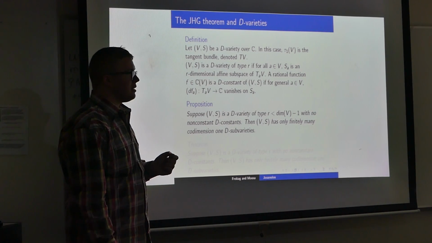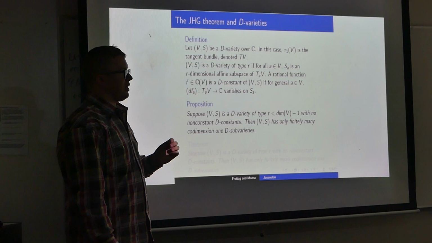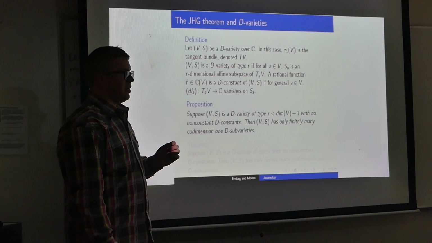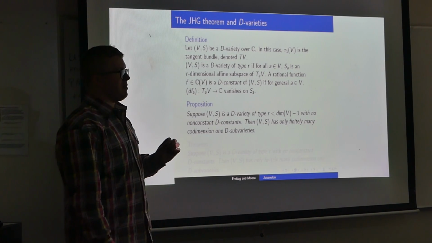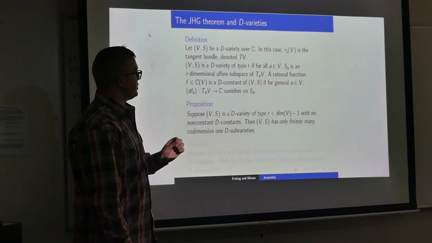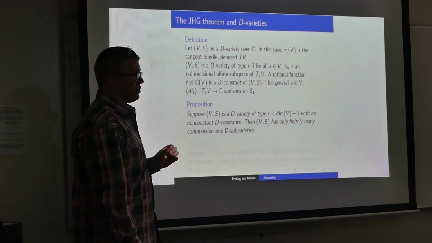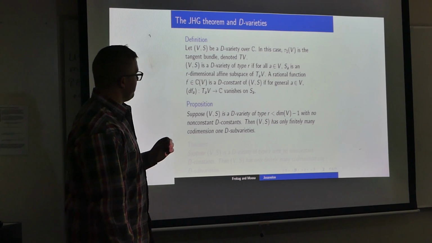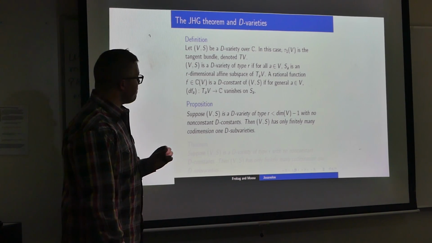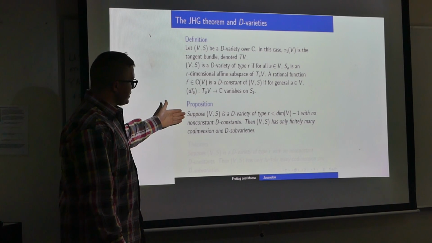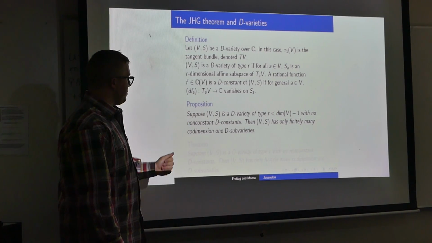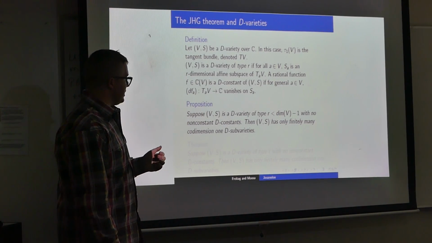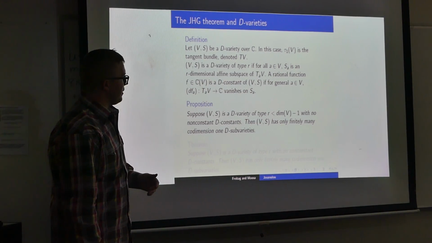This is not the same definition of D-variety as Rahim's definition. No, I said this is a generalized version. When r equals 0, this is the same as Rahim's definition, because then S_a is just a section. Let's suppose that we're given a D-variety with no non-constant D-constants.